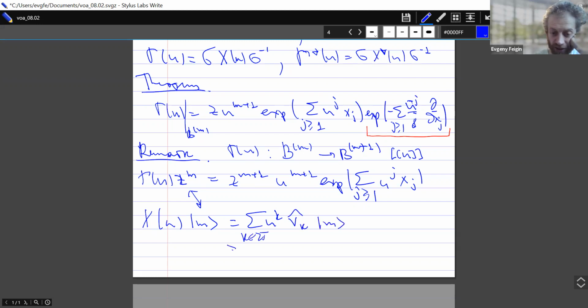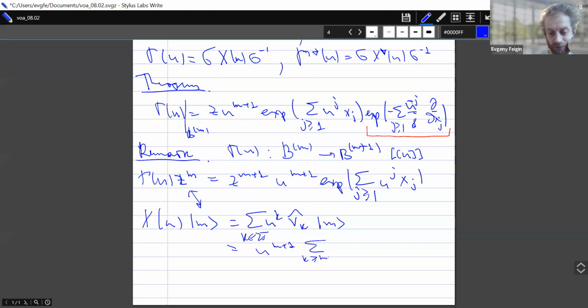And then clearly you converge with m plus 1 and so on. So this is u to m plus 1 times the sum over k greater or equal than m plus 1 of u to the k v_k converge m.